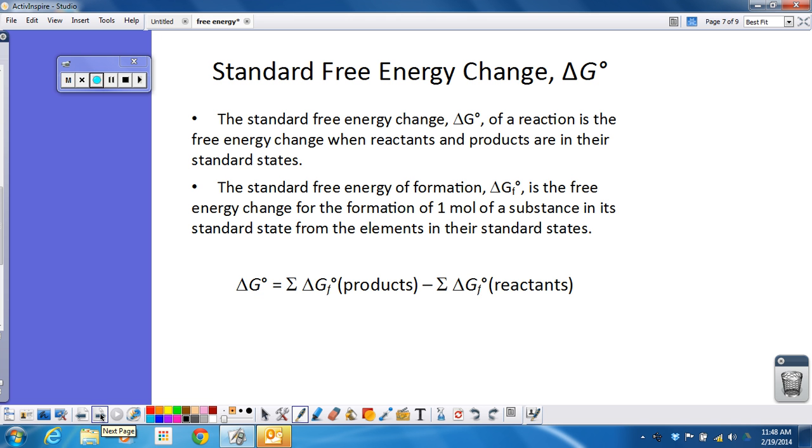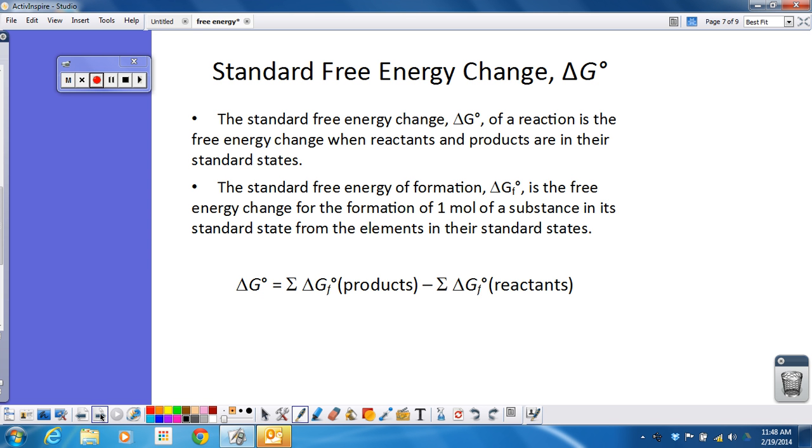Okay. Another way to calculate delta G is to use the same approach that we use to calculate delta H and delta S. We can use delta G of formation, the standard free energy of formation. Just like delta H, it's the free energy change for the formation of 1 mole of a substance in its standard state from its elements. Just as we have heat of formation tables, we have free energy of formation tables.